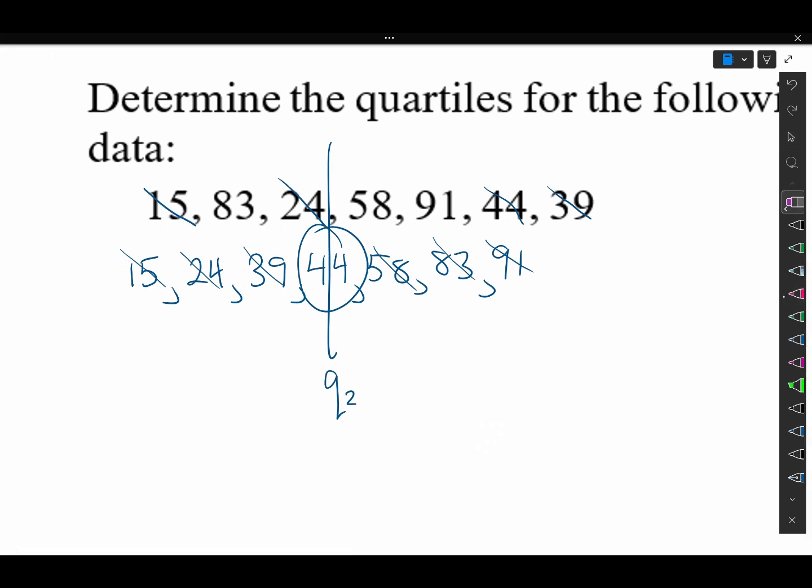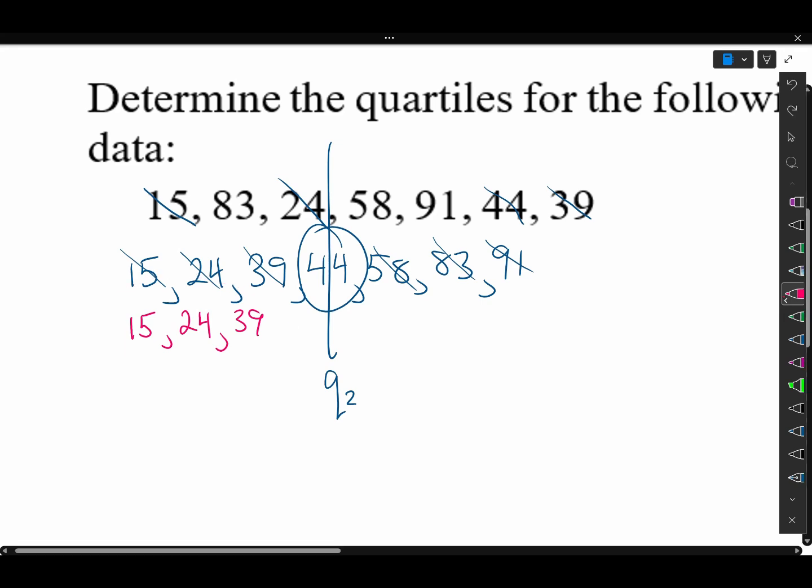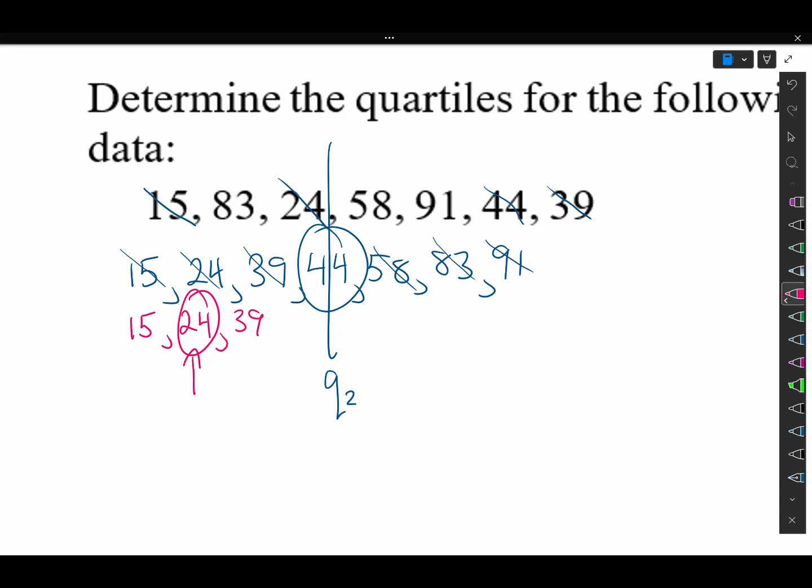If we find the median of this smaller subset of data, we would see right away very clearly 24 is right in the middle. That is the median of the lower half of our data, and we call that Q1.